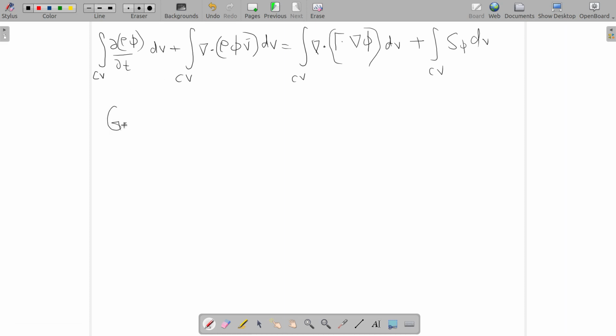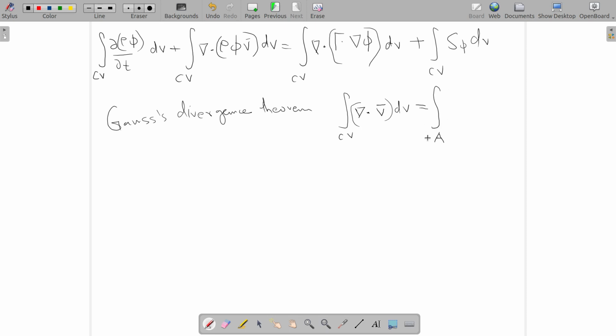So in general, Gauss divergence theorem states that if you integrate over a control volume the divergence of a vector, let's call it vector v, any vector, and this is integrated over the control volume, this term will be equal to the area integral, meaning the boundary of this control volume.